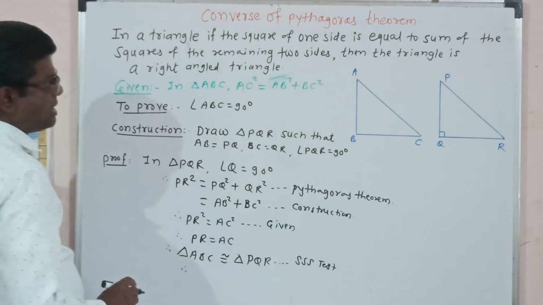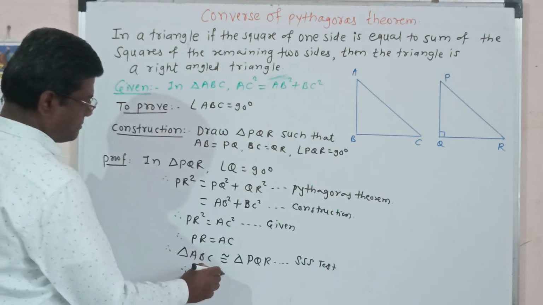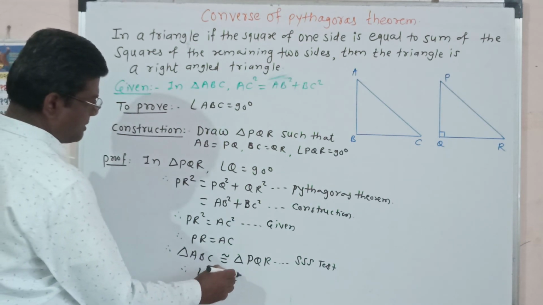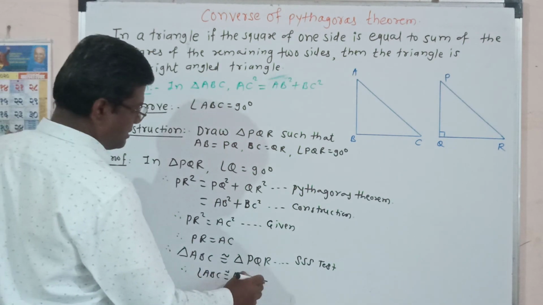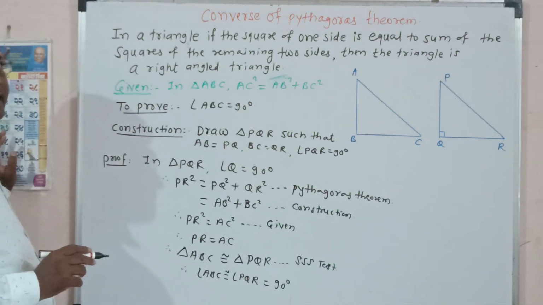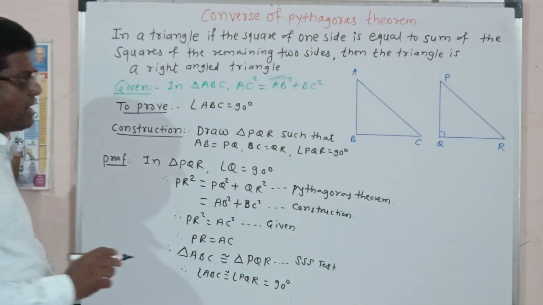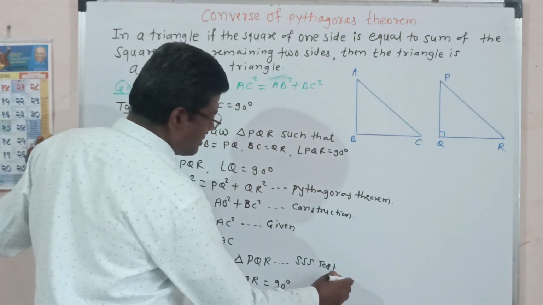Therefore, angle ABC is congruent to angle PQR, which is equal to 90 degrees. Corresponding angles of congruent triangles.